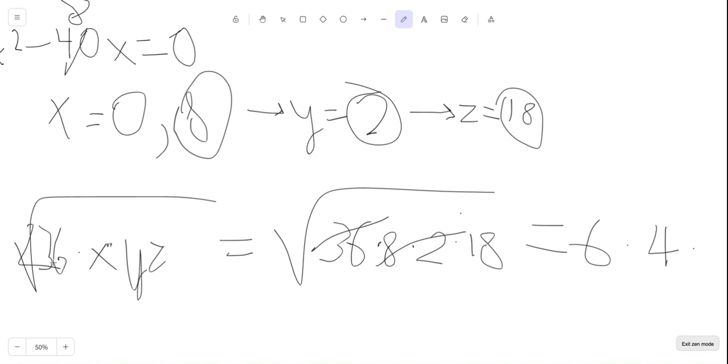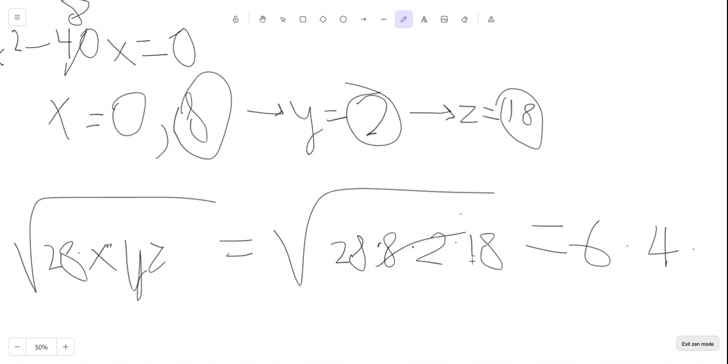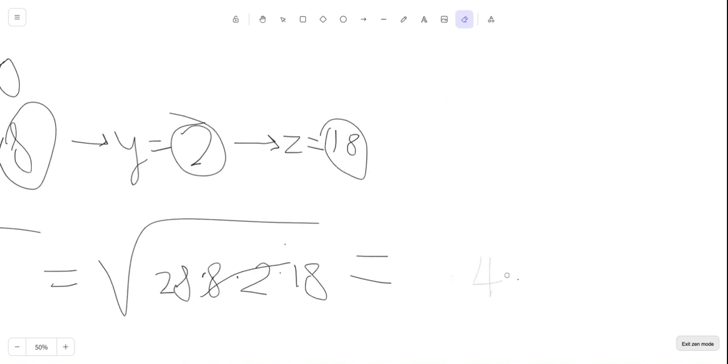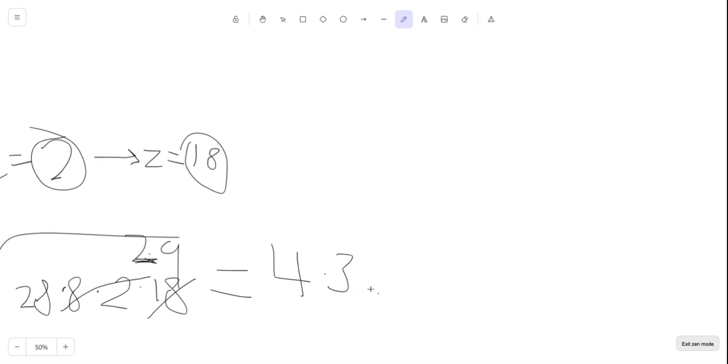Our semi-perimeter has changed now. It's 28. All right. So anyway, if you take that 8 and 2 out, you get a 4. This becomes 2 times 9. So if you take the 9 out, you get a 3.